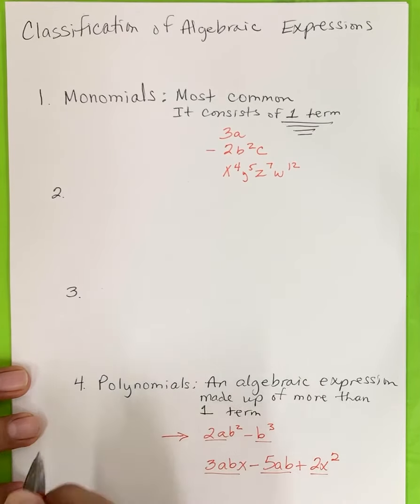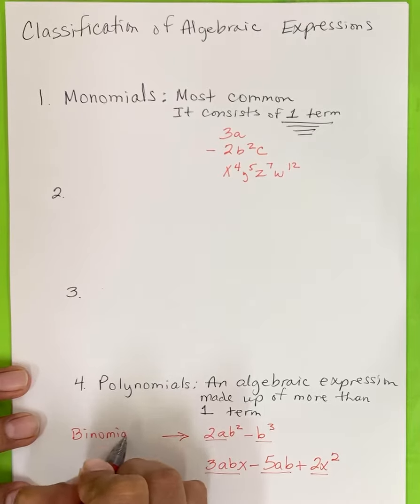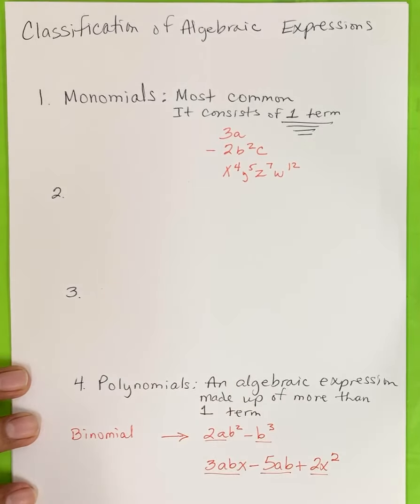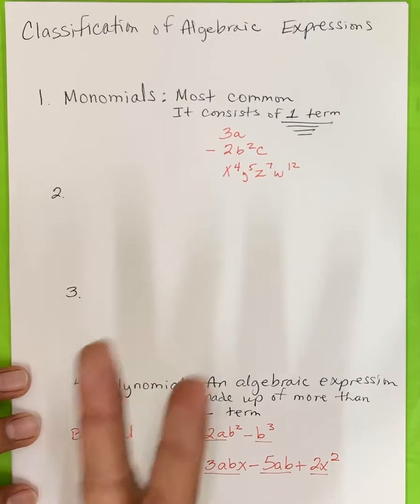But in this case, the first polynomial right here is also known as a binomial. Okay, this is a binomial. So whenever you hear your teacher say, identify the binomial in the following problem, we're going to be looking for a problem made up of two terms. Like you're bilingual, you speak two languages.